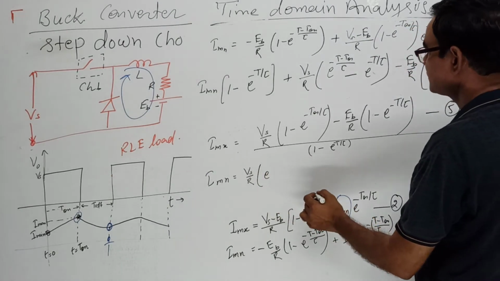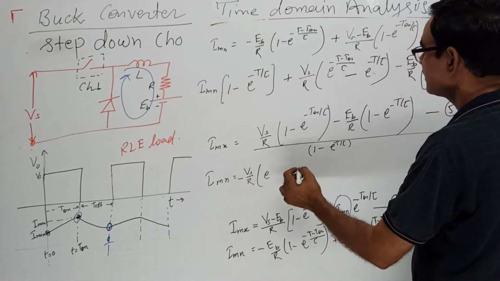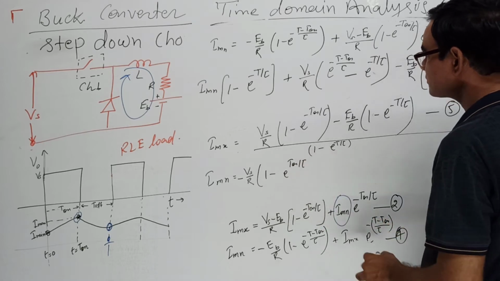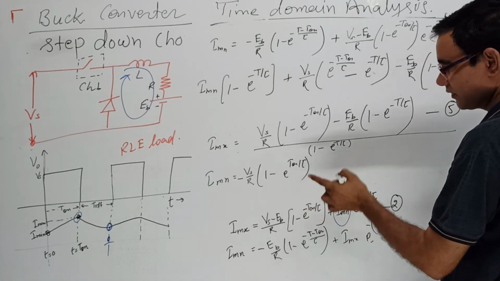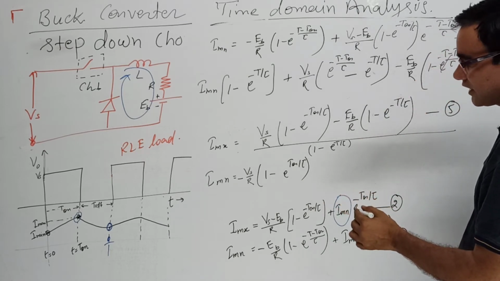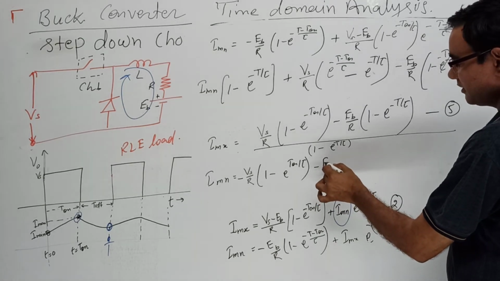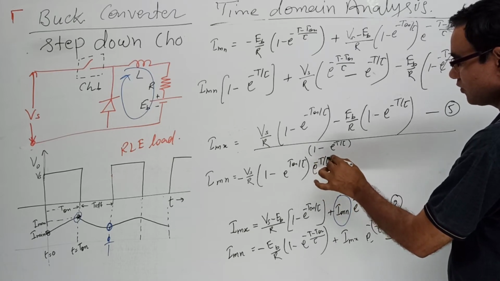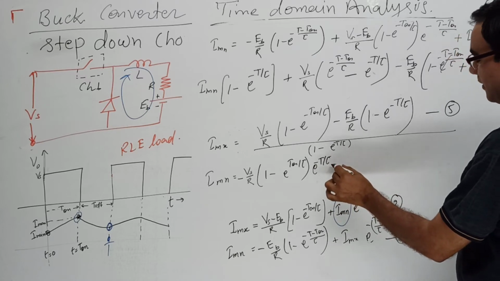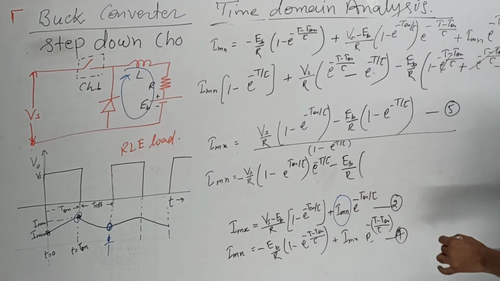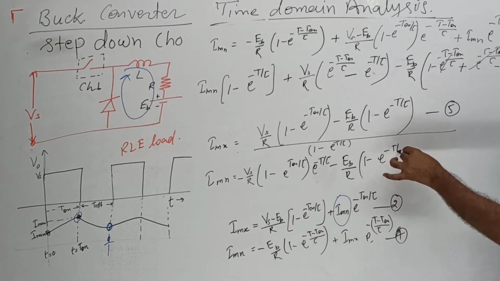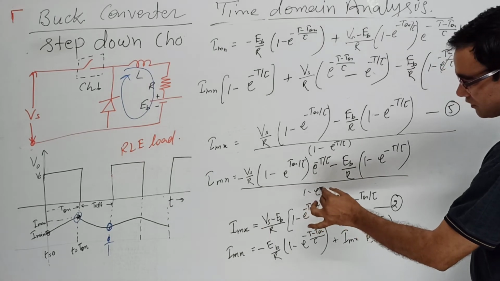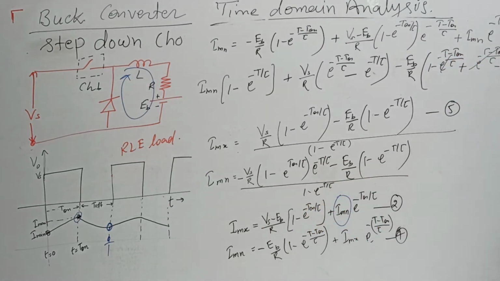We are taking the common, so it becomes minus 1, minus e raised to power t on upon tau, with plus minus we are taking common, and minus Eb upon R, and e raised to power minus t by tau, e raised to power t by tau minus Eb divided by R, and here 1 minus e raised to power minus t by tau, divided by 1 minus e raised to power minus t by tau. So these are the values.